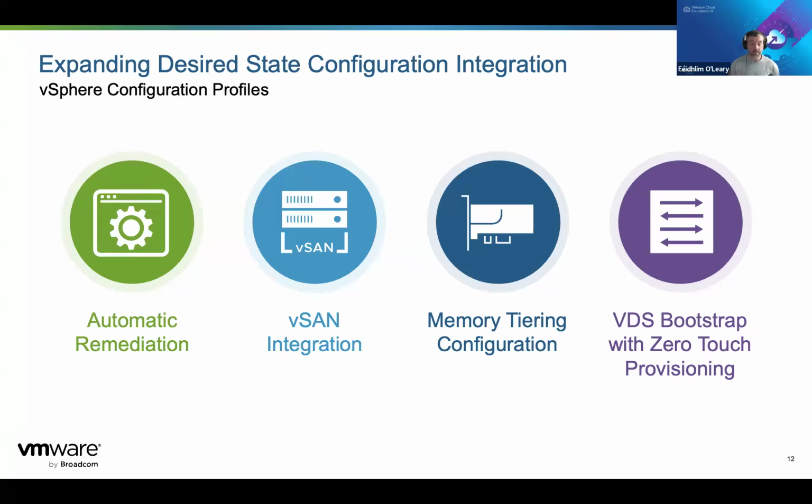So my management, vMotion, and storage VM kernels were all actually on a VDS. What happens is if we're using that sort of configuration, vSphere configuration profiles and ZTP will essentially inject a dummy or a temporary VDS to the host during one of those boot phases that we saw.